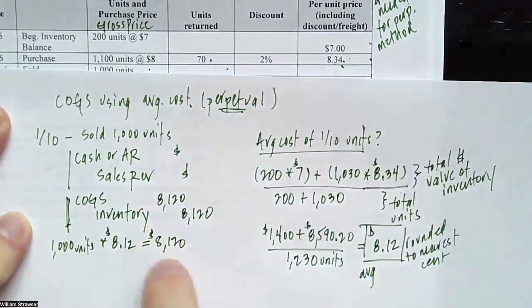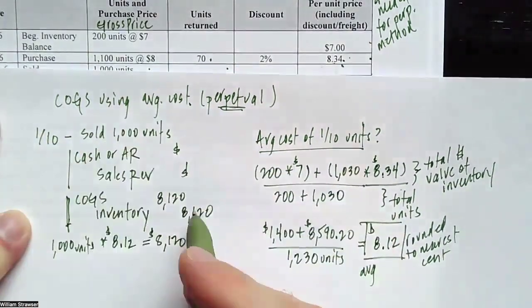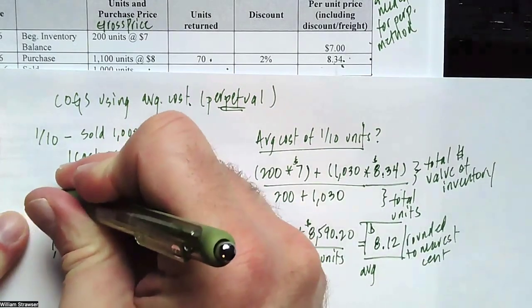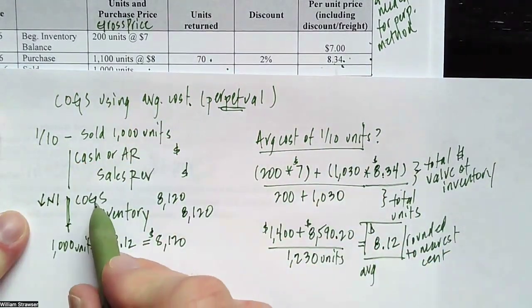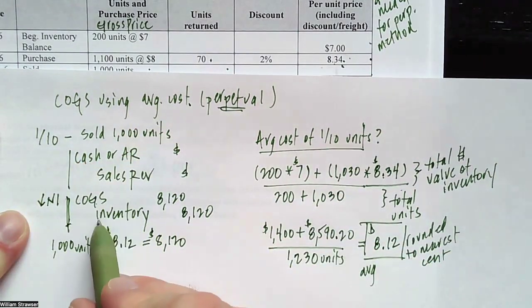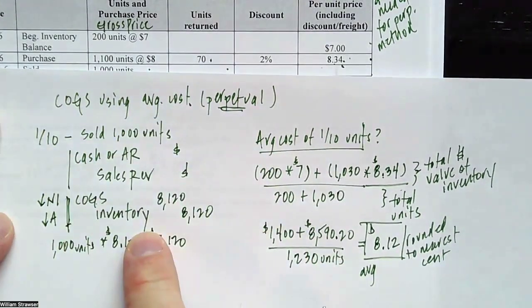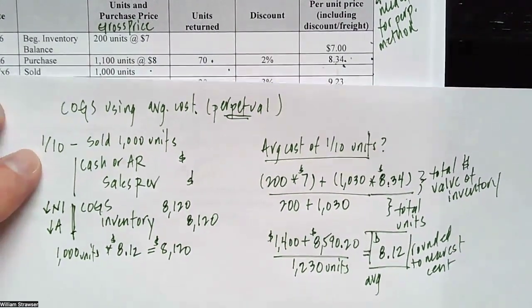And that would be the cost of goods sold on January 10th. Remember, COGS is an expense. It reduces net income. It is the expense of the inventory that I had purchased, and I reduce assets when I credit inventory. But that's just one sell.